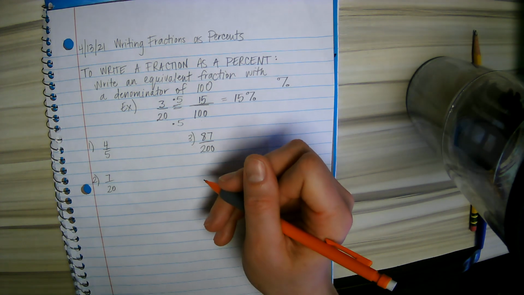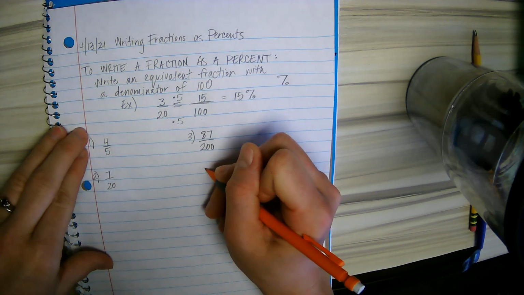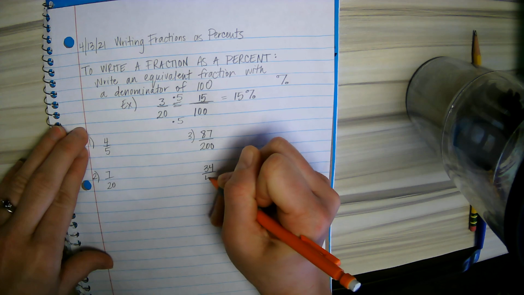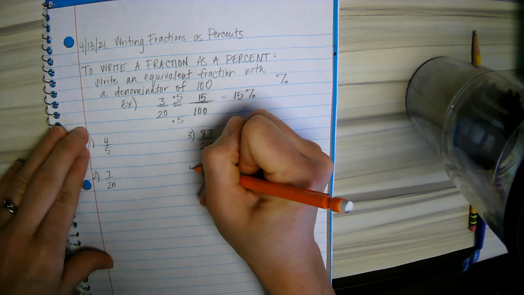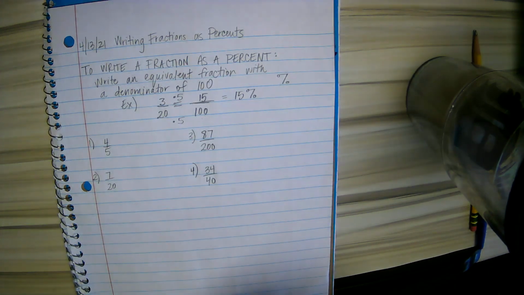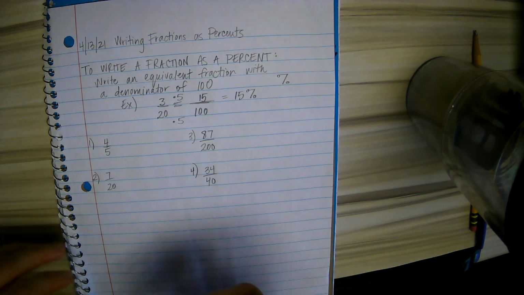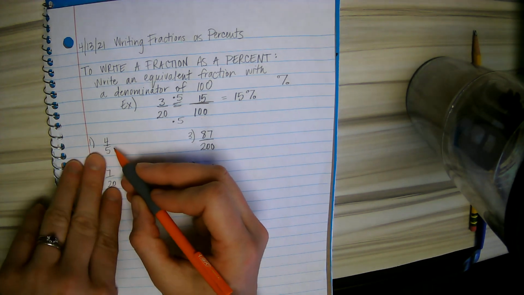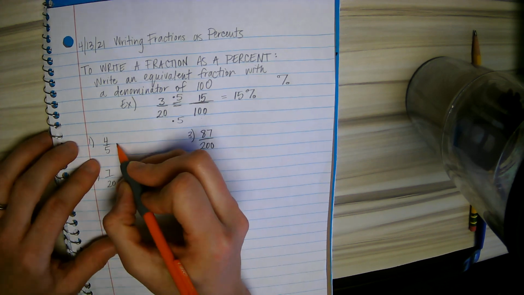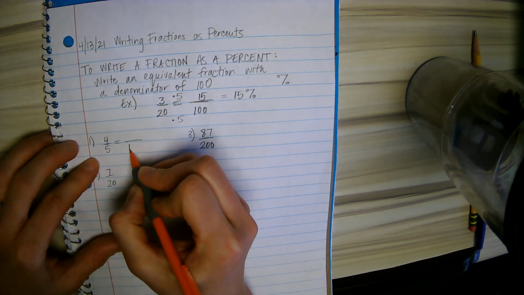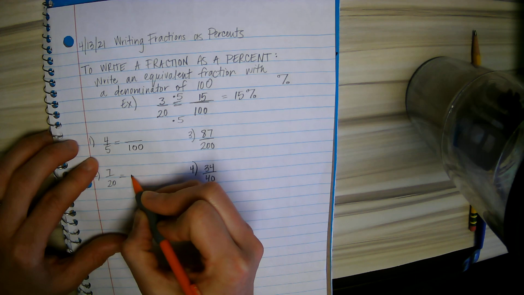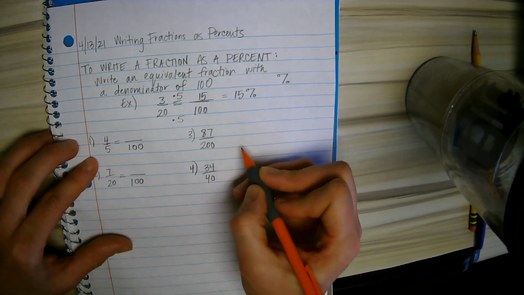And 34/40. So if you're getting ahead of us, that's okay. I just want you to check back in with us. So we're writing these out of 100. So we need an equivalent fraction out of 100 for all of them.